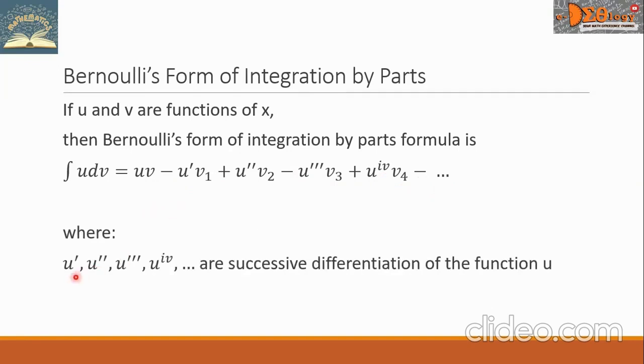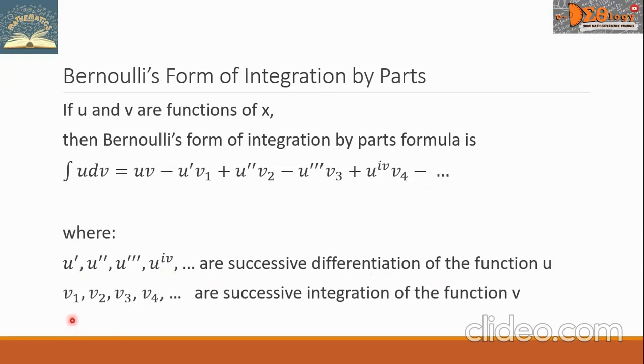where u prime, u double prime, u triple prime, u 4 primes are successive differentiation of the function u. V sub 1, v sub 2, v sub 3, v sub 4 are successive integration of the function v.